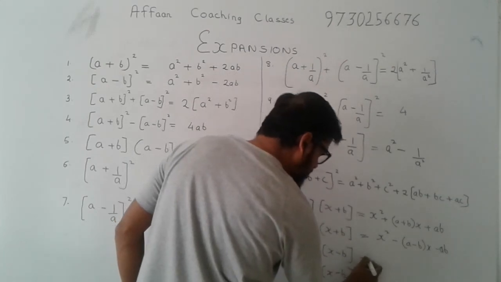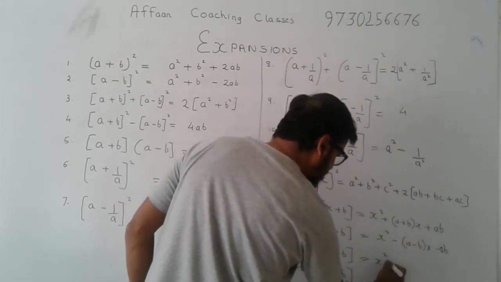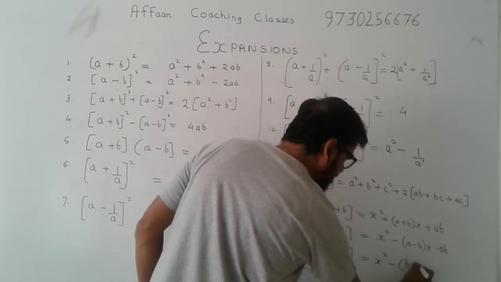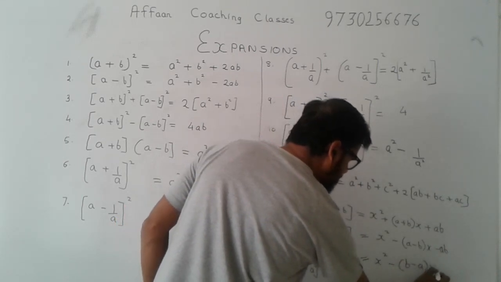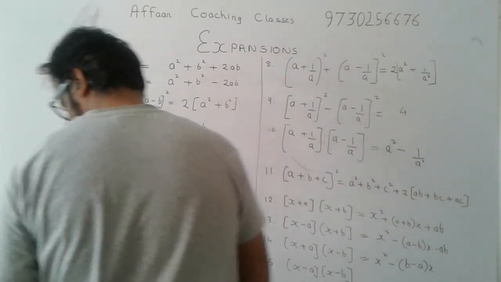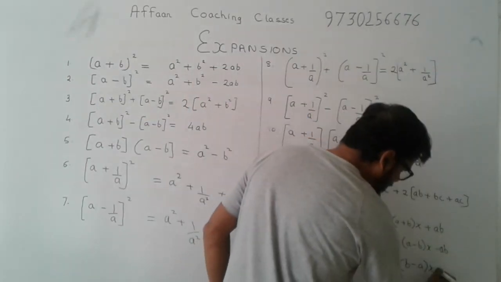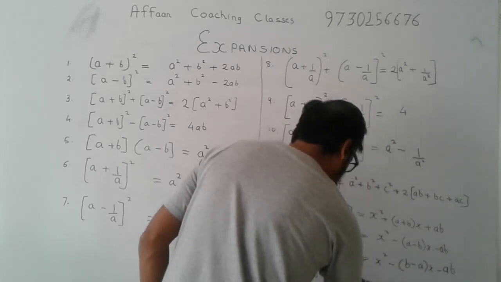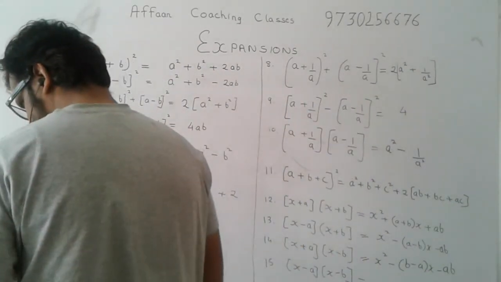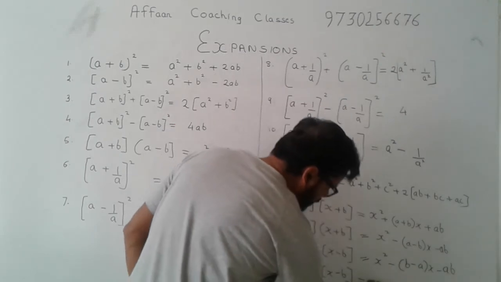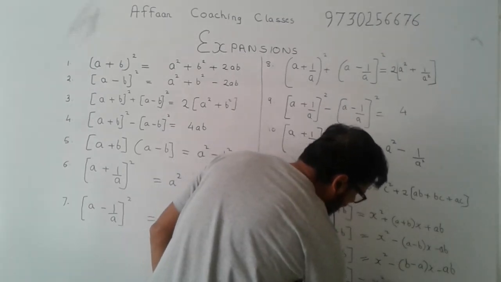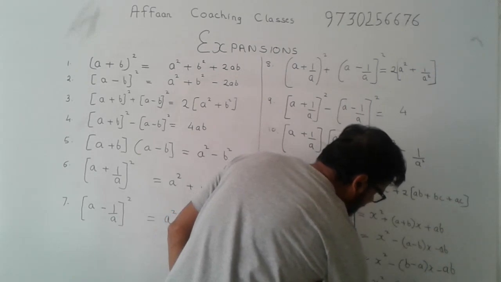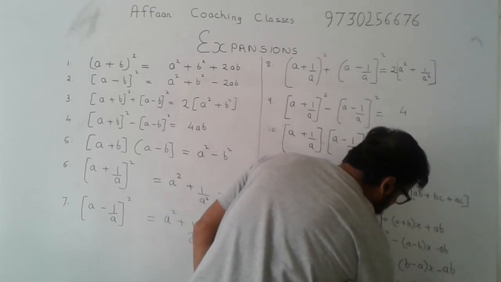Now, when b is minus, this will change, and this will be x square plus (b minus a) x. Clear? And again you have minus ab. And for the last formula, this would be x square, again you have minus sign over here, minus (a plus b) x plus ab.